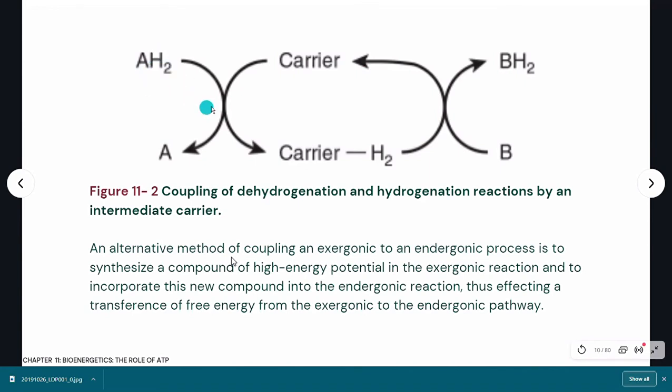The acceptor of that hydrogen is another compound which we call a carrier, and the carrier now has this hydrogen. The final acceptor of hydrogen is compound B. And B accepts the hydrogen. This is the oxidized compound, and then once it acquires the hydrogen, it becomes reduced, BH2. All right.